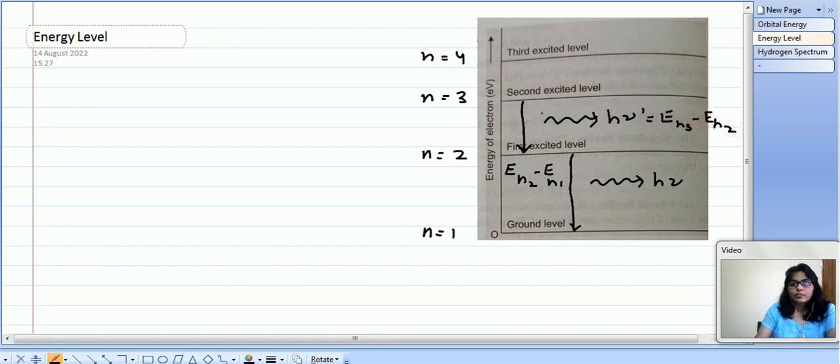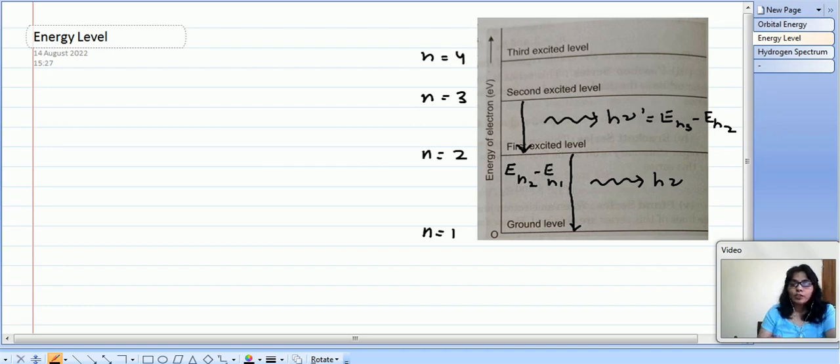In this way, one can understand the emission of any photon of frequency nu in the atom. Emission occurs only when the electron jumps from a higher energy level to a lower energy level, and in this way we see the emission spectral line.